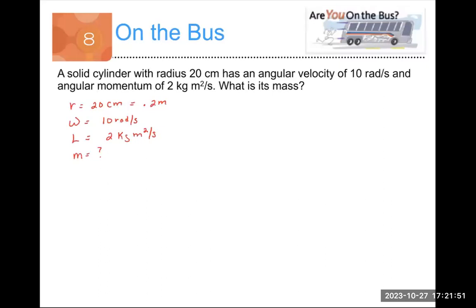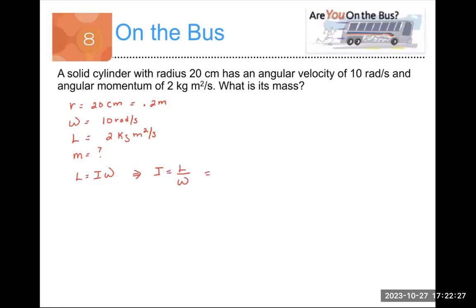Well, we know that L equals I omega. We can rewrite this so that I is going to equal L over omega.